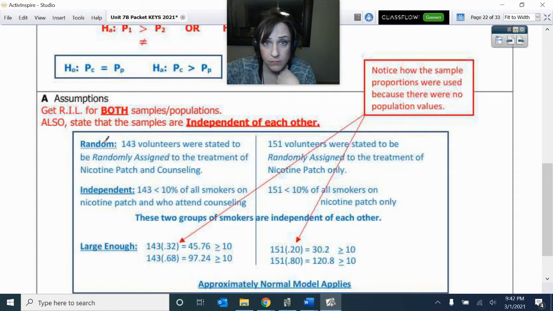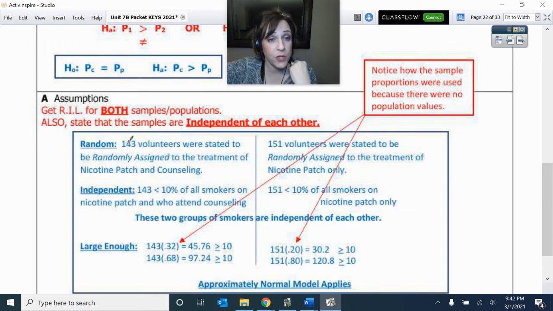So here's my random. I can say that these 143 volunteers were stated to be volunteers, so they are not randomly selected. But this is an experiment, so they were randomly assigned to one of the two treatment groups.